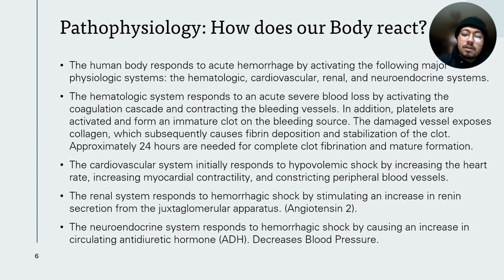The neuroendocrine system responds to hemorrhagic shock by causing an increase in circulating antidiuretic hormone, which in turn helps maintain blood pressure.